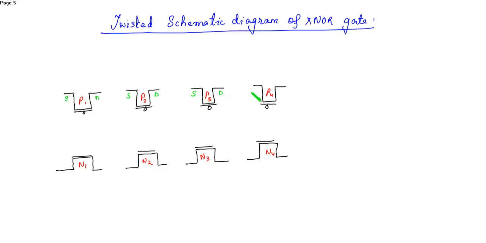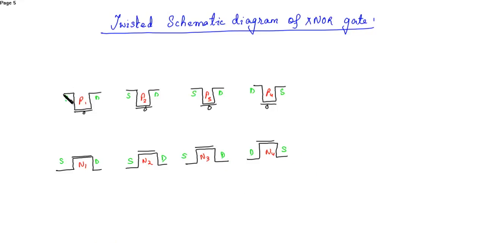Source and drain, but here just for our convenience we have taken it as drain and source. Here again source, drain, source, drain, source, drain, drain and source. In the XOR case we had taken just the reverse one. If you want you can do that also.